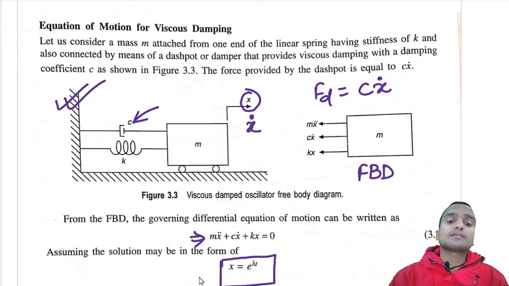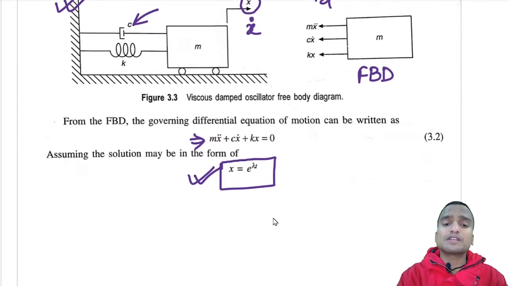It is found that the general solution is of this form, x equal to e to the power lambda t, okay? You can just remember this; we are assuming it, and this is done in research, and it is found from experience also by solving this type of differential equation.